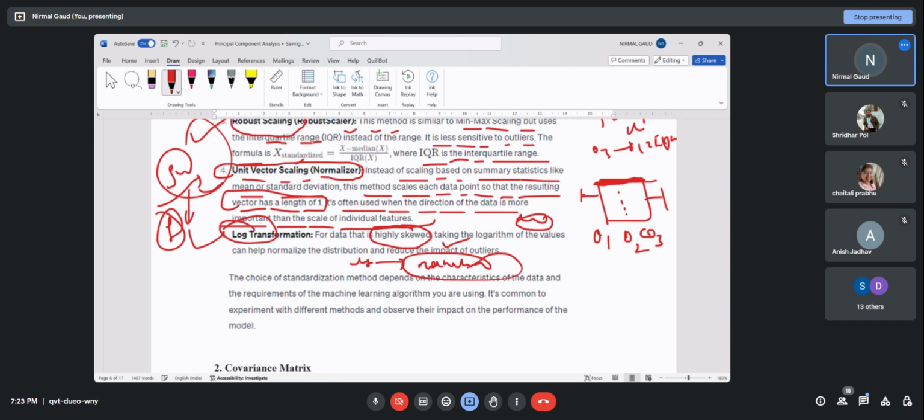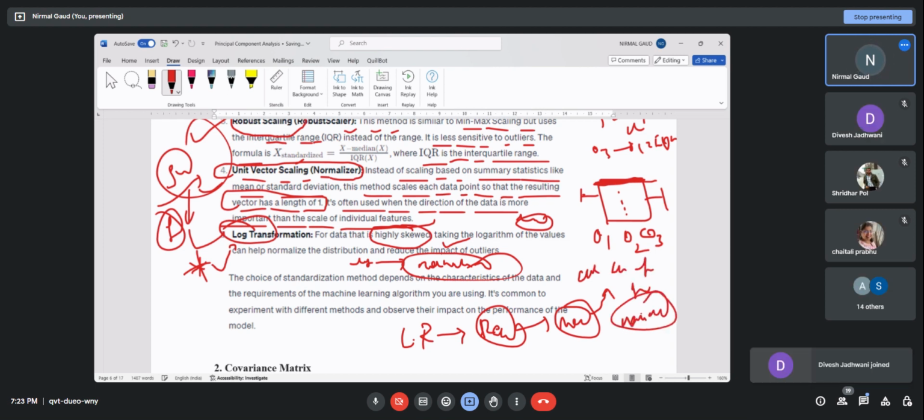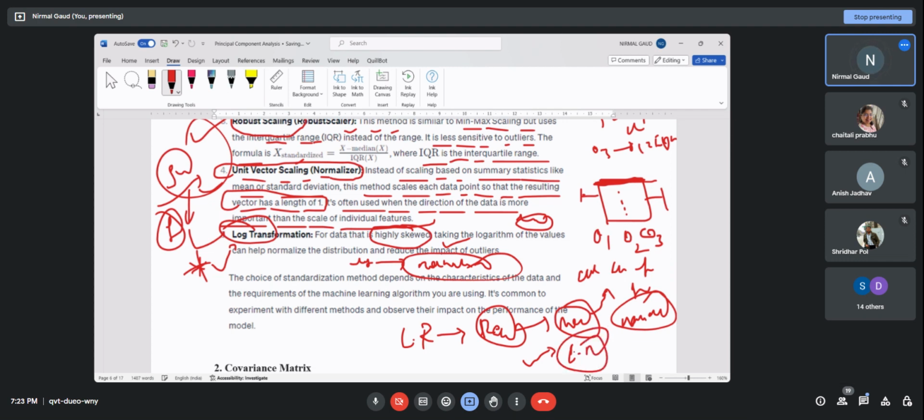This transformation is very important, because when we study linear regression, there is a requirement in it, a norm. While using linear regression, it says that all the features should be normally distributed. It says that, and then you put this data into the linear regression model. That is its rule.